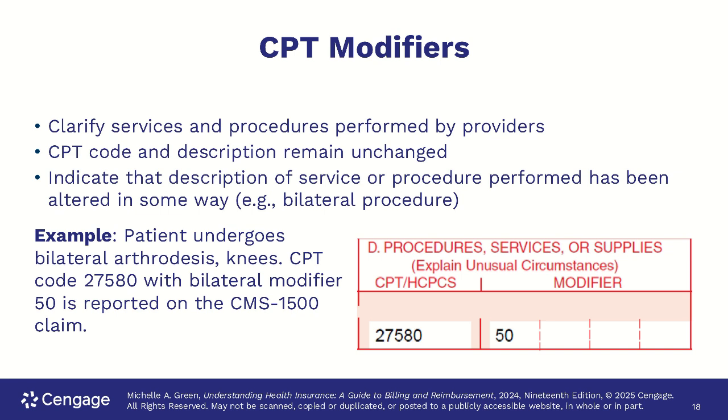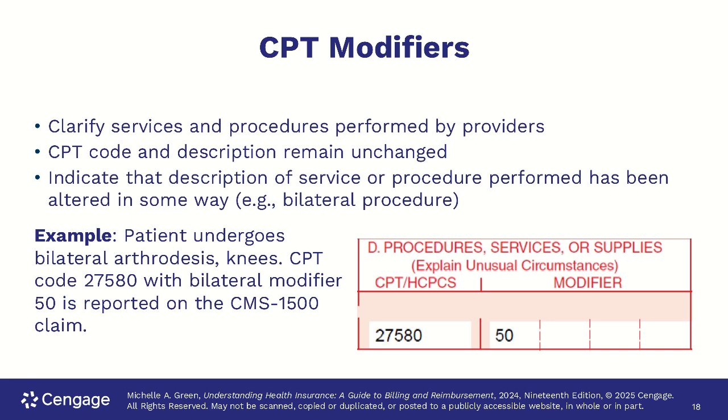Now, one thing that the chapter does call out is the fact that there are basically two types of modifiers. Your other book called them, I think, something a little different, but the concept is the same. So you have a functional modifier, also known as a pricing modifier or a payment modifier.